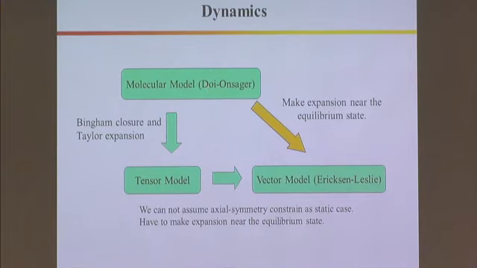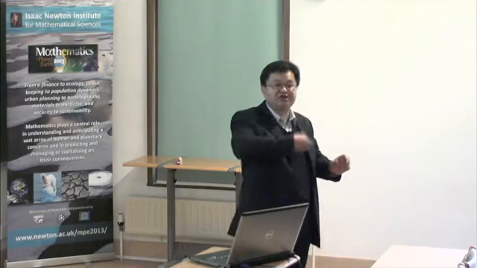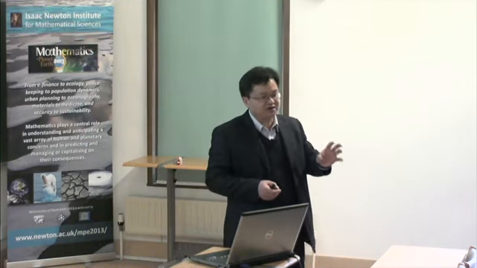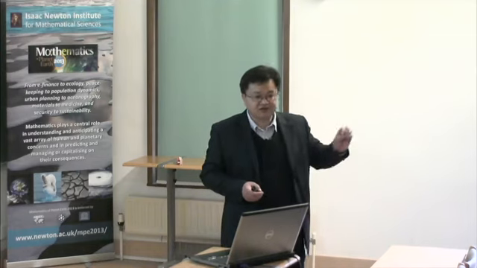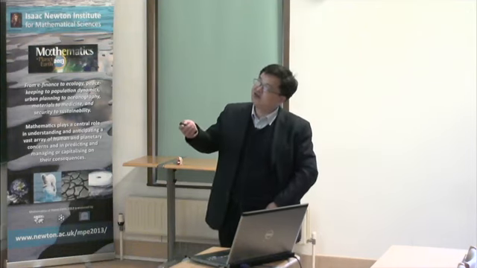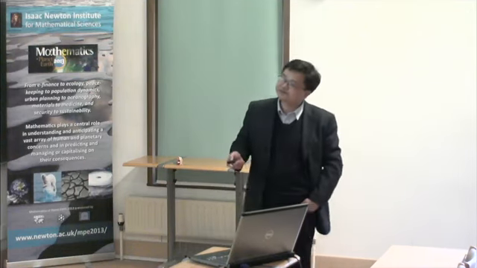I call it the Doi-Anderson model because at that time the diffusion was just translational diffusion and rotational diffusion, because for the rod-like molecule there are just two types of diffusion, translational and rotational. You can find this in the Doi book.